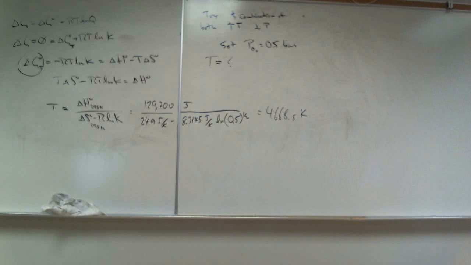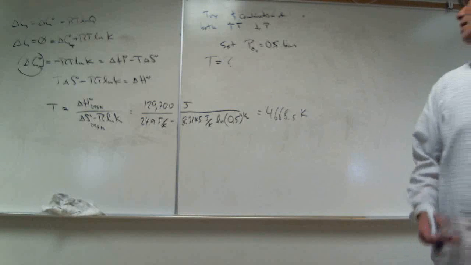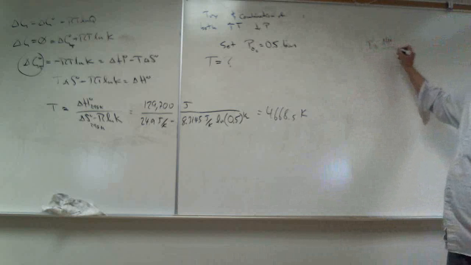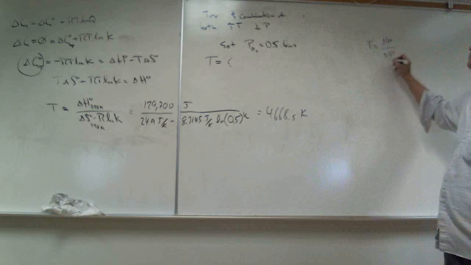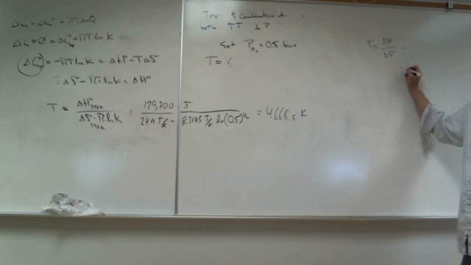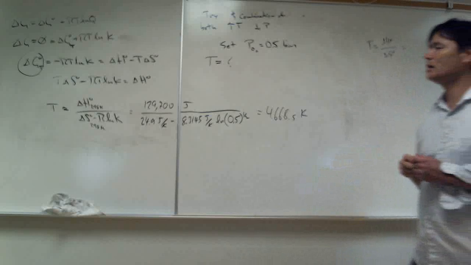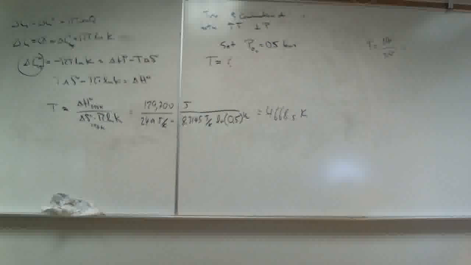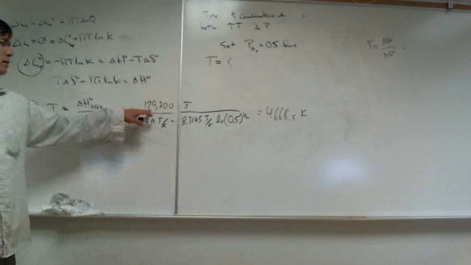And so we need to go back and double check our previous calculation, the one where we changed delta G naught. In other words, our previous calculation was temperature is equal to delta H naught over delta S naught. And so we should double check that. Can somebody double check that calculation? Delta H naught was 129,700.